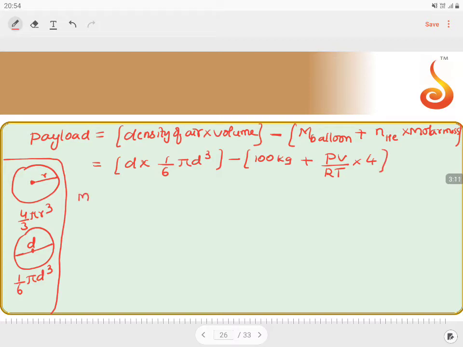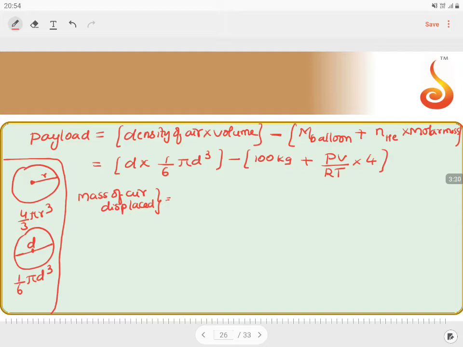Mass of air displaced is given by the simple formula density into volume.